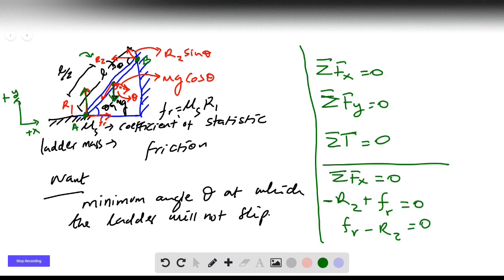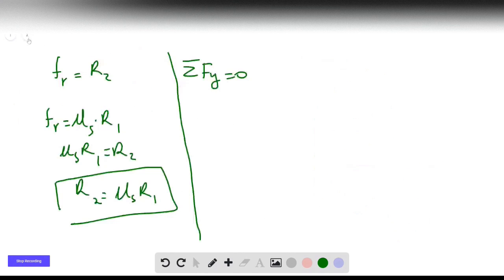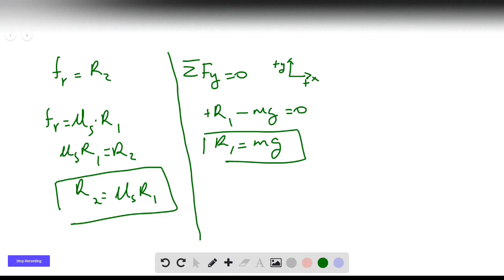So they're on opposite sides, and as a result, we'll see that R1, because it's pointing upwards, and you can recall that positive x is to the right, positive y is upwards. So R1, which is pointing upwards, will be positive, minus mg, which is pointing downwards. This is 0, so R1 equals mg. They're pointing in opposite directions. This is another critical relationship.